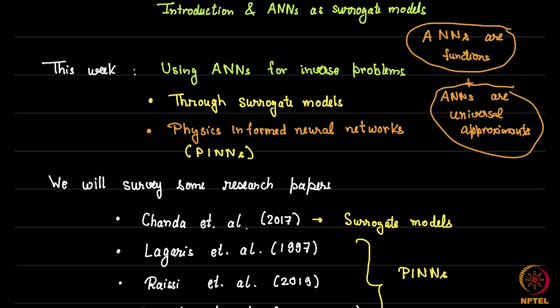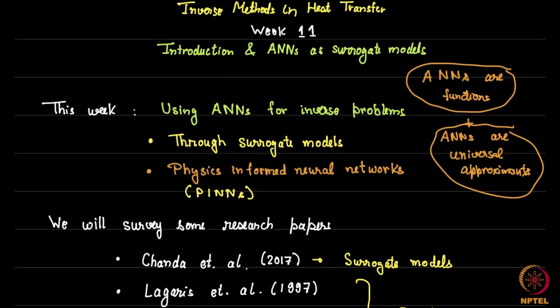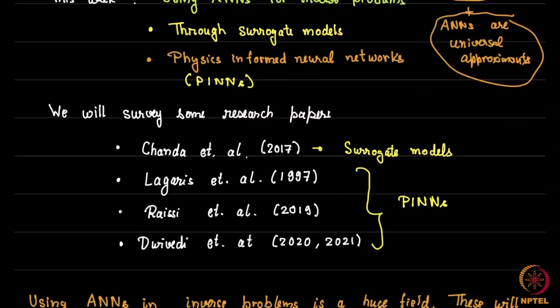So let's now step into the very first problem, which is how to use ANNs as surrogate models. So let's look at that now. ANNs as surrogate models. What does this mean?